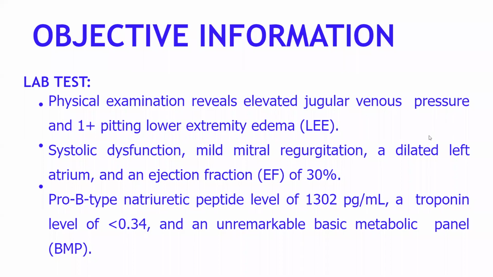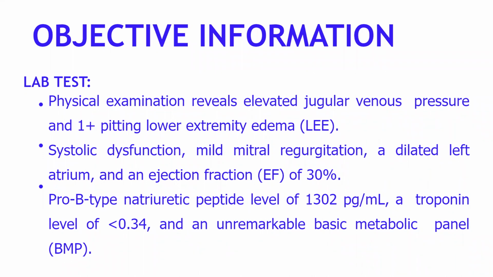So the patient's lab tests show that his physical examination reveals elevated jugular venous pressure and more than one pitting lower extremity edema. He also has systolic dysfunction, mild mitral regurgitation, a dilated left atrium, and an ejection fraction of 30%.